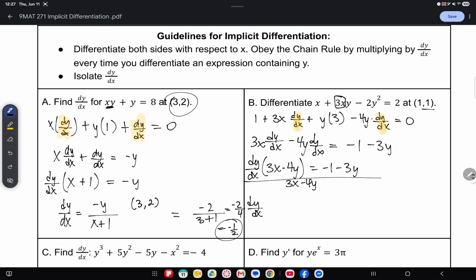So dy dx is negative 1 minus 3y over 3x minus 4y. And now I'll substitute in that 1, 1. So I get negative 1 minus 3 over 3 minus 4, for a final answer of just 4.